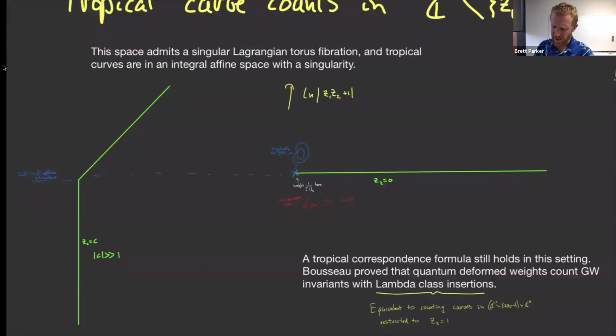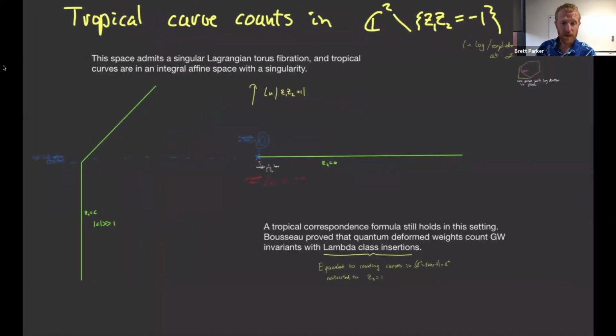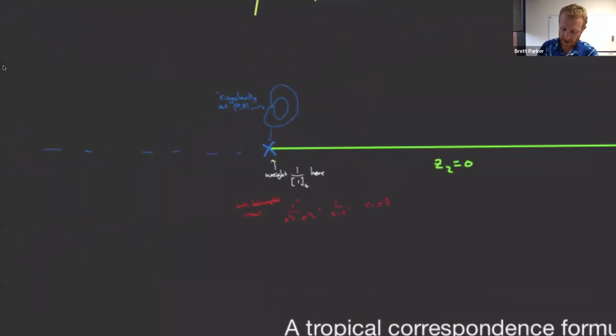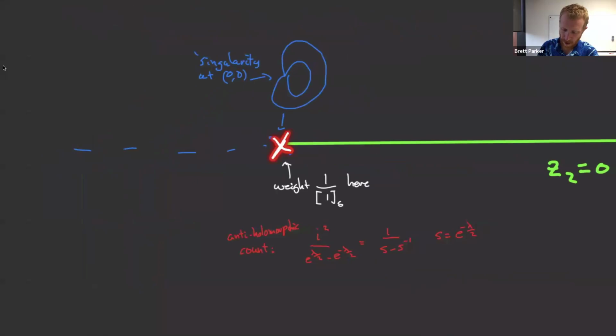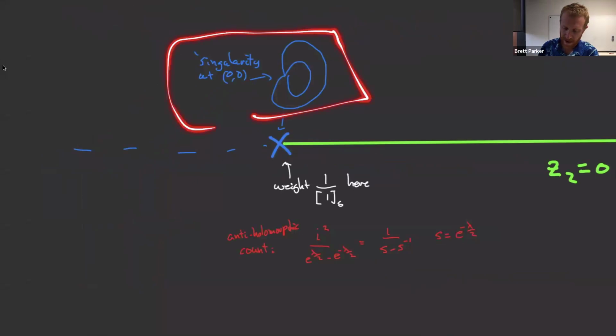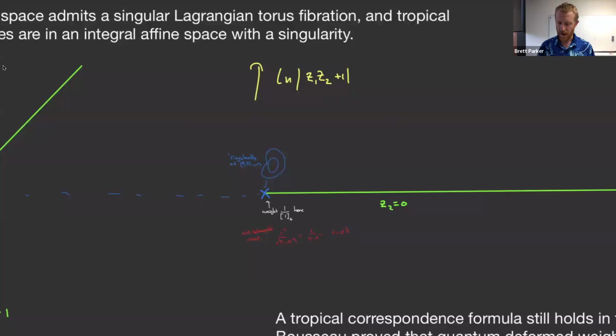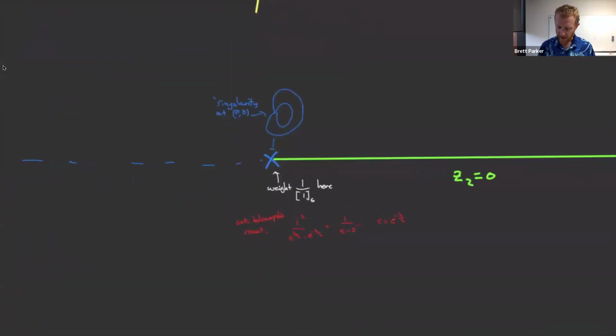This one has a singular Lagrangian torus fibration, where over most points there's a torus fiber, but at one point, this torus fiber degenerates to a sphere that intersects itself once. We'll call that a singularity, and that singularity in the Lagrangian fibration, like this point here, is 0, 0 in the complex plane.